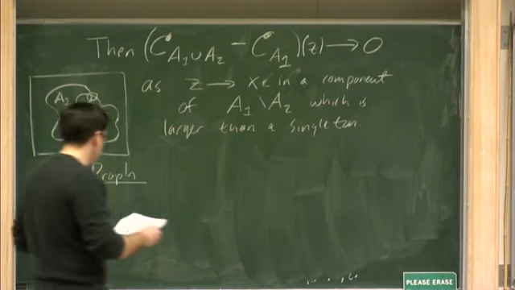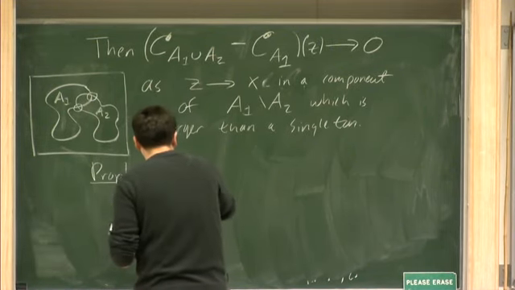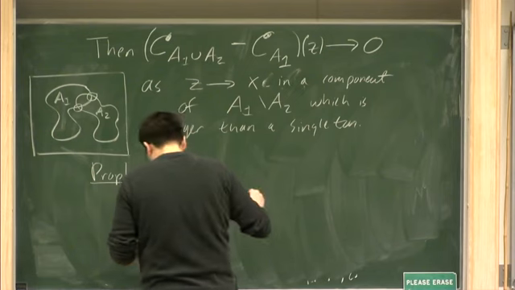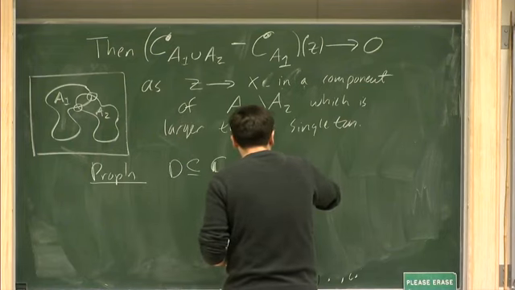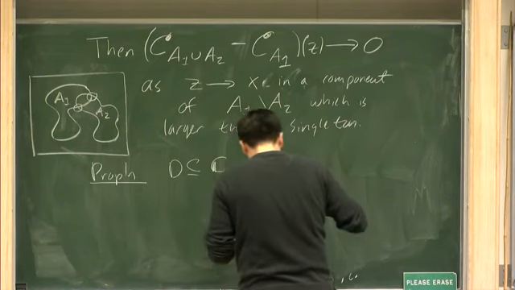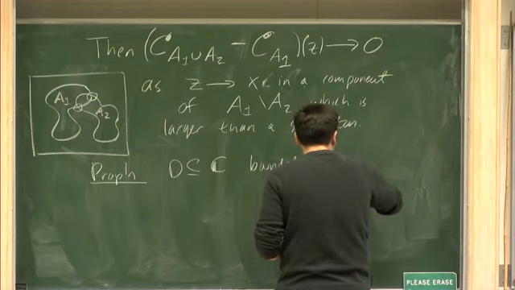And so here's the statement. It says that if you have a domain in the complex plane, which is bounded, and for simplicity, I'm going to assume that it's simply connected.